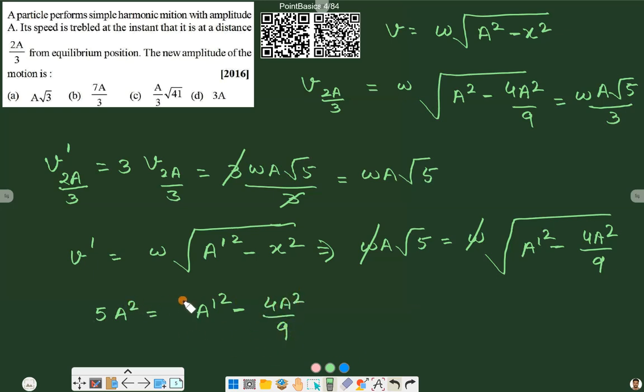Adjusting this and adding, we will get a dash square is equal to 49 by 9 a square, and from this a dash is equal to 7 by 3 of a. So option B will be the right answer.